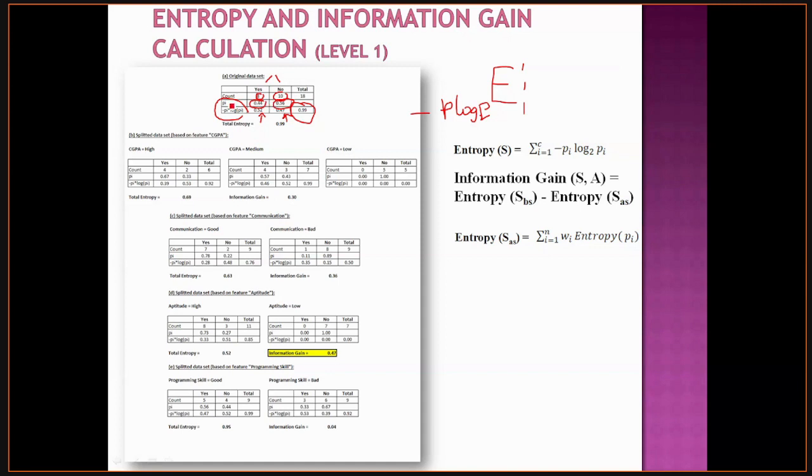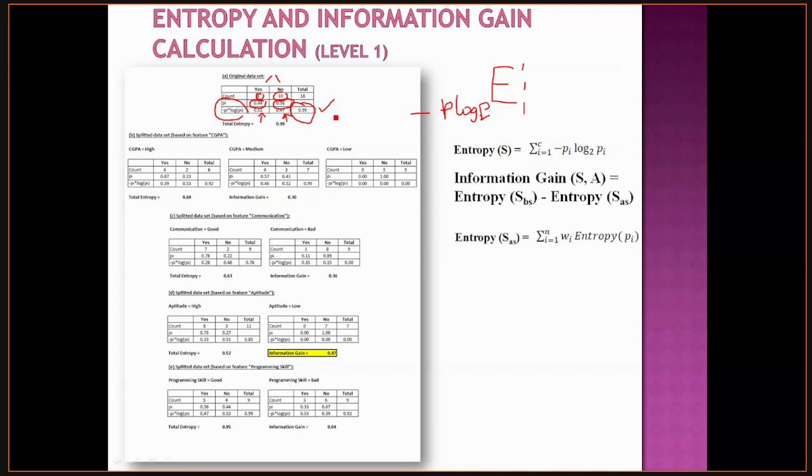Then I calculate the entropy: minus 0.44 into log of 0.44, which is 0.52, and minus 0.56 into log of 0.56, which is 0.47. So my total entropy is 0.52 plus 0.47, which is 0.99. This is my total entropy before I start splitting the data.